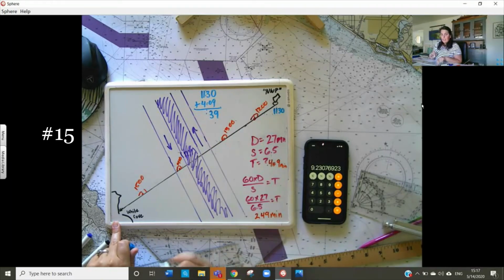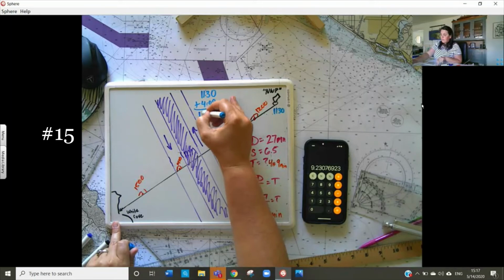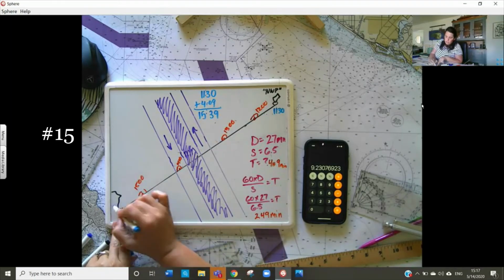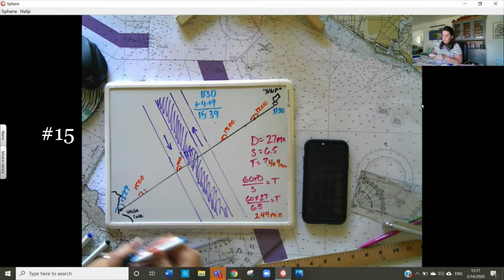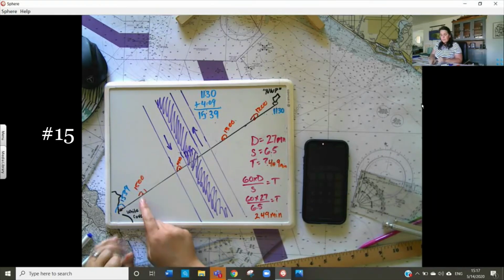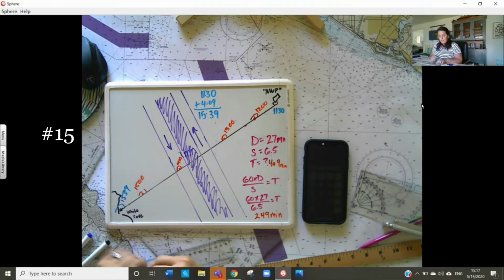And then I can do the hours, and I'm left with 15:39. So my ETA to White's Cove is 15:39, which would make sense with my DRs. It's past 1500, but not quite to 1600. So we have our ETA to White's Cove. Now we're going to figure out a few more ETAs.